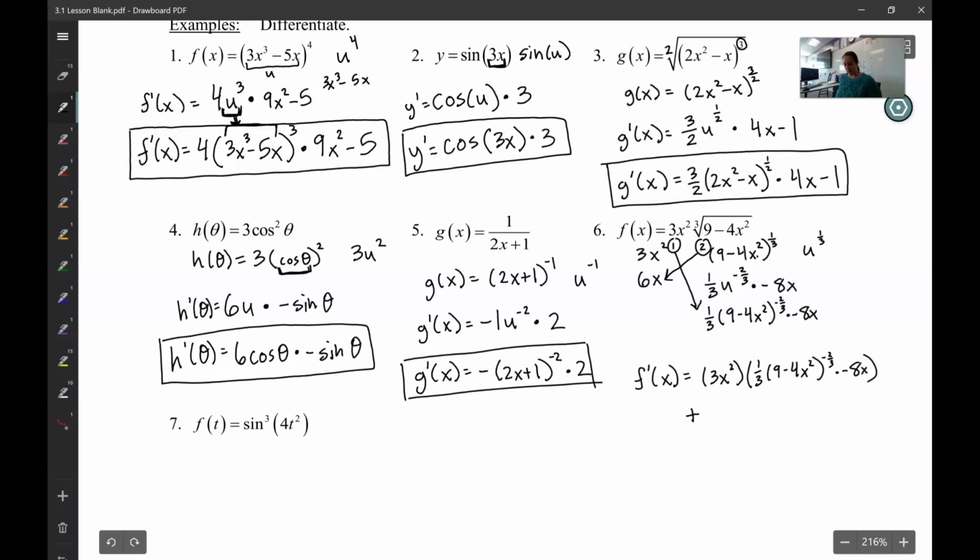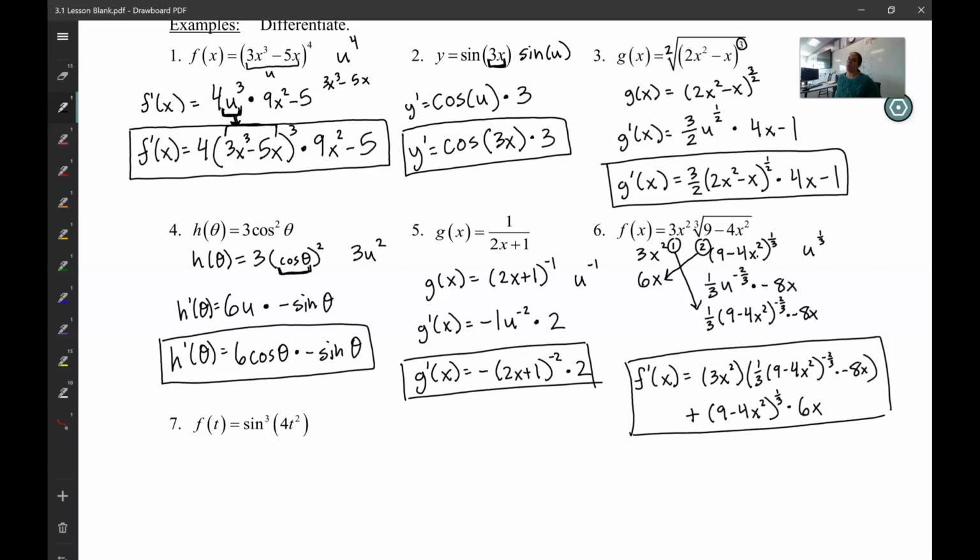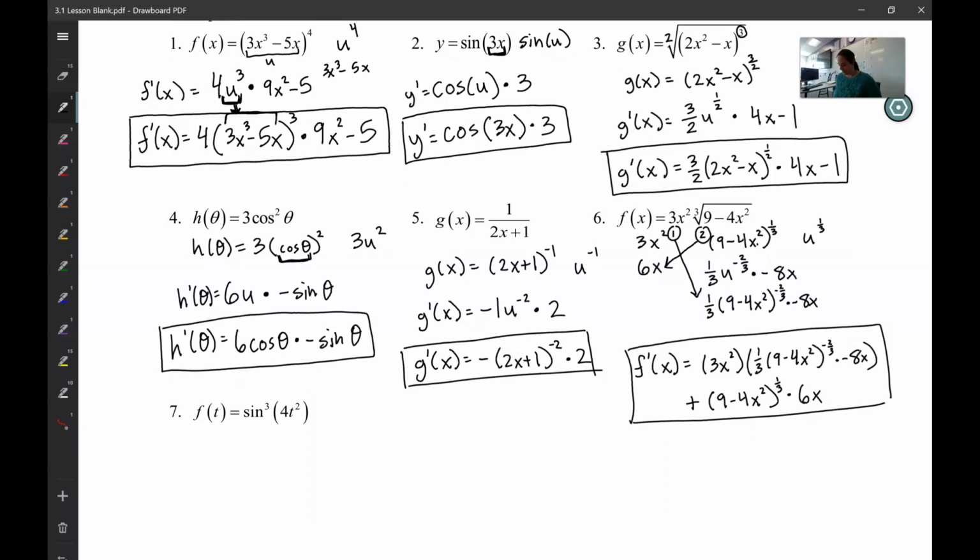Now I do the other direction. 9 minus 4x squared all to the 1/3 times 6x. And that should be our answer. And remember, we do not need to simplify things. That's one of the beauties of AP Calculus.